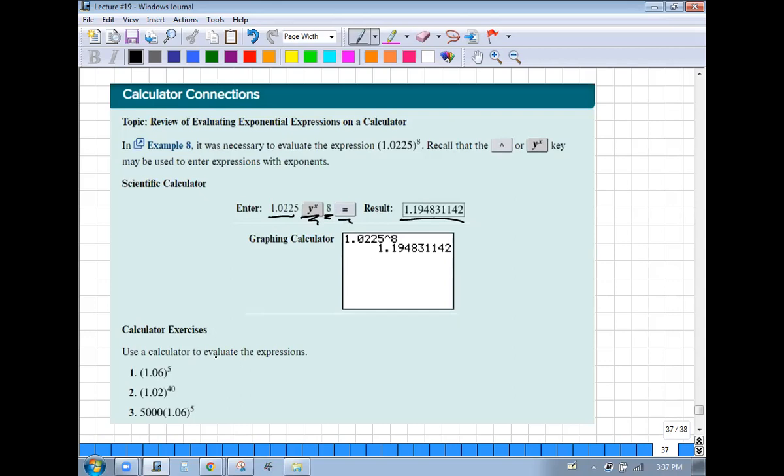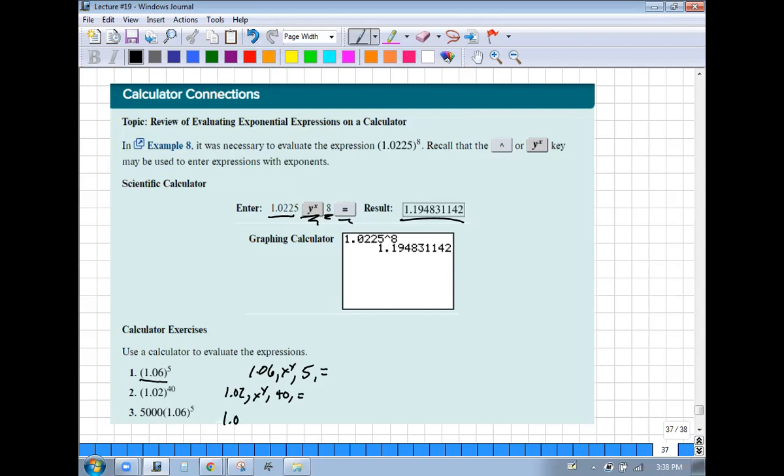So here you would type in 1.06, and then you hit the X to the Y button, and then you press a 5, and then you press equals. So this one here, we would type in 1.02. We hit the X to the Y button, type in 40, and then hit equals. This one, start with this. It's a lot easier.